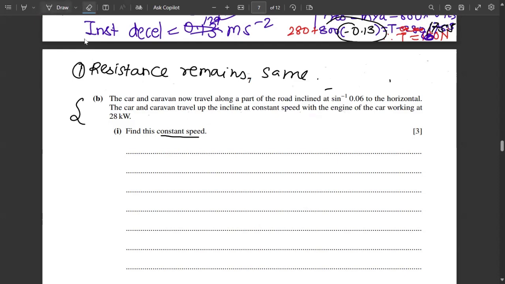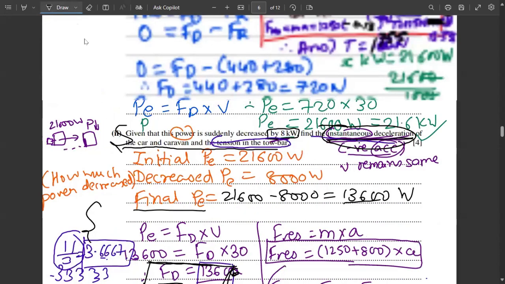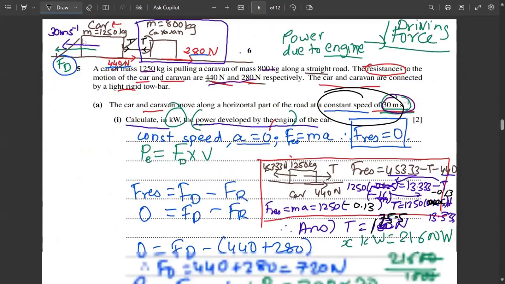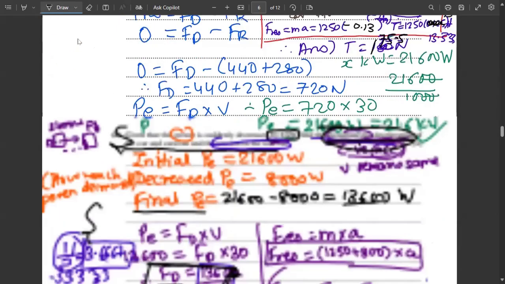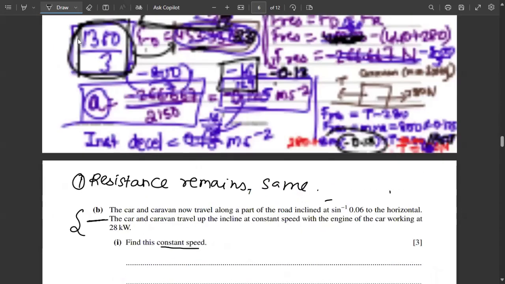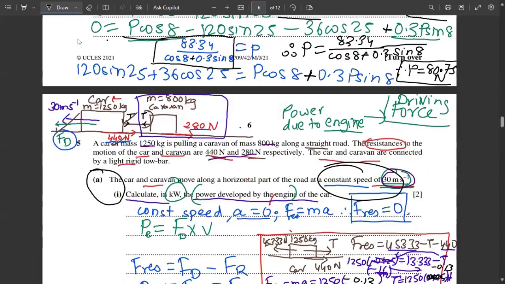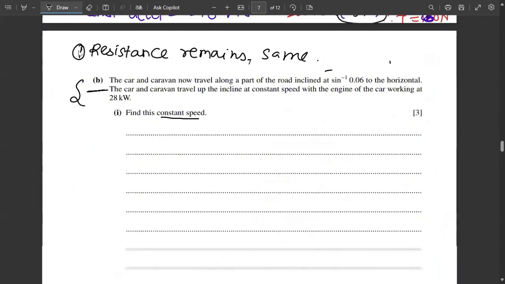Now, what does previous question mean? It does not mean you have to take it from here or here, because this is part A. This is the second part, a completely new question B. Because it is written here in the general text, which is not part of any question, we can take it for 40 and 280. So let's start making the diagram.